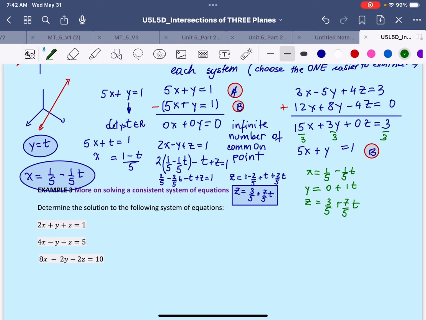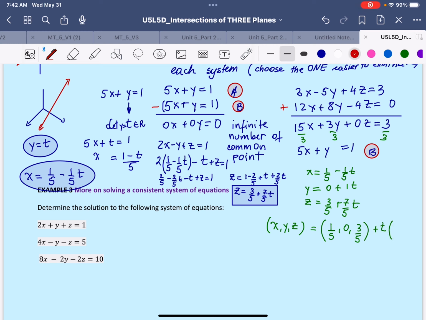So therefore, we're going to say that the equation of the line of intersection will be made of a bunch of points with coordinates x, y, and z such that the position vector will be made of the constants 1 over 5, and then 0, and then 3 over 5, plus t.